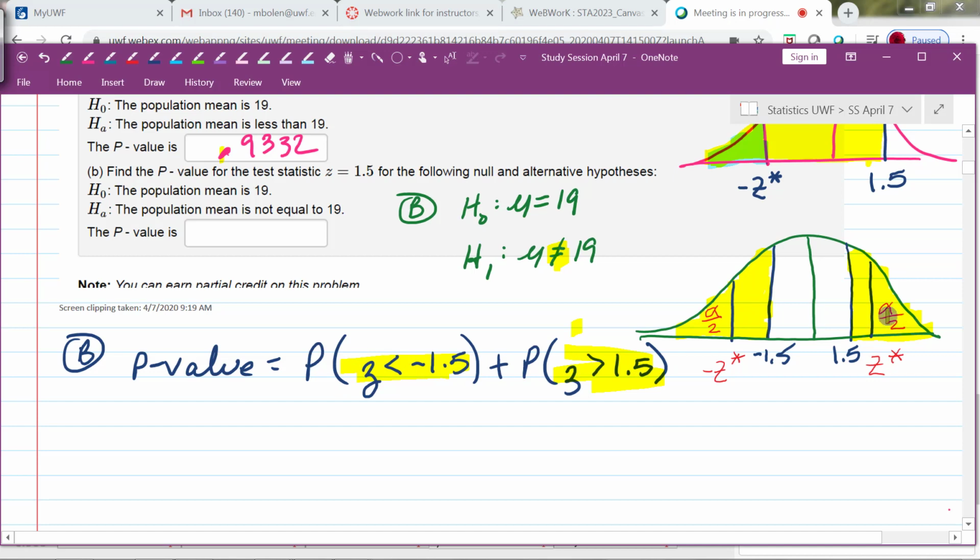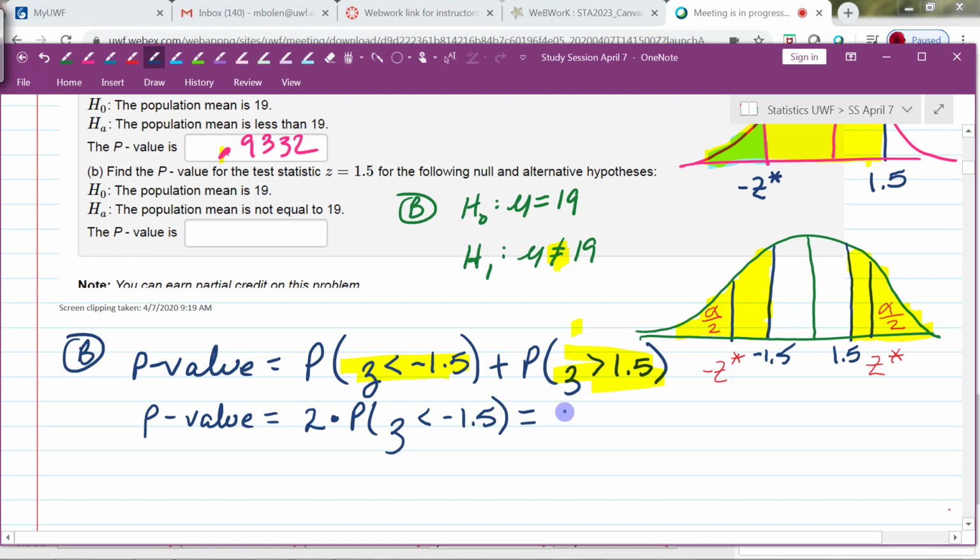They're the exact same. So really, all I need to say is that the p-value is equal to 2 times the probability that z is less than negative 1.5. Because this and this are going to be the exact same number, I can just multiply it by 2.